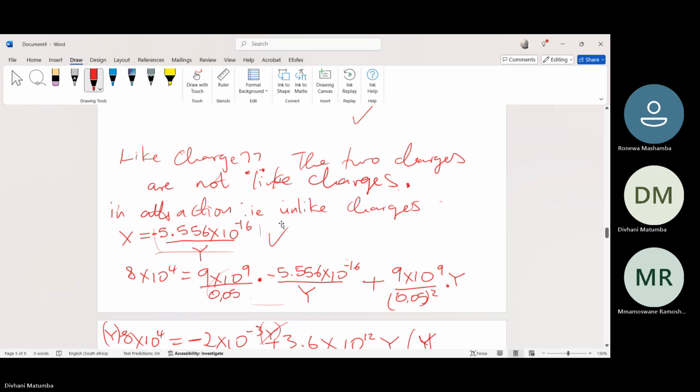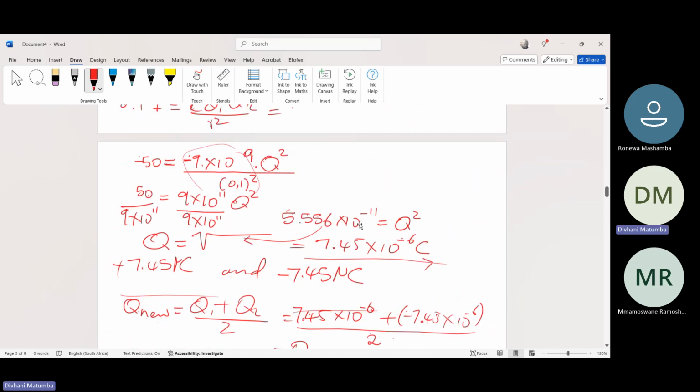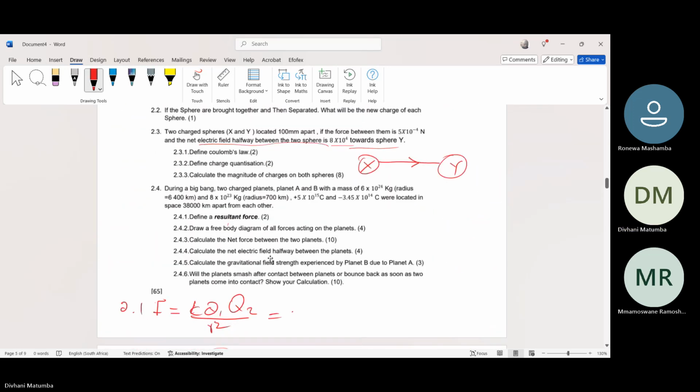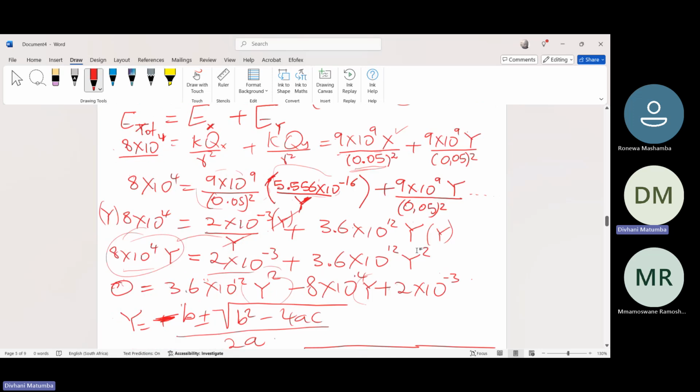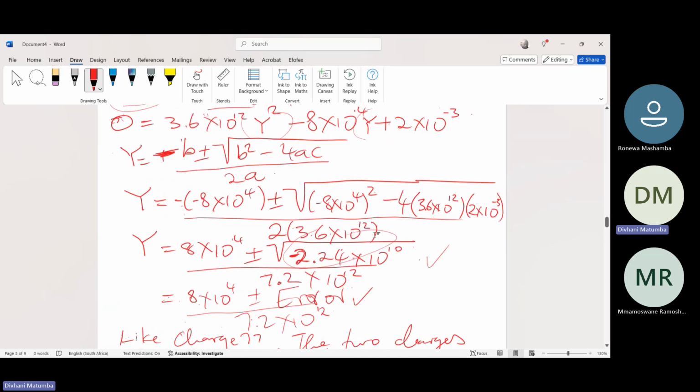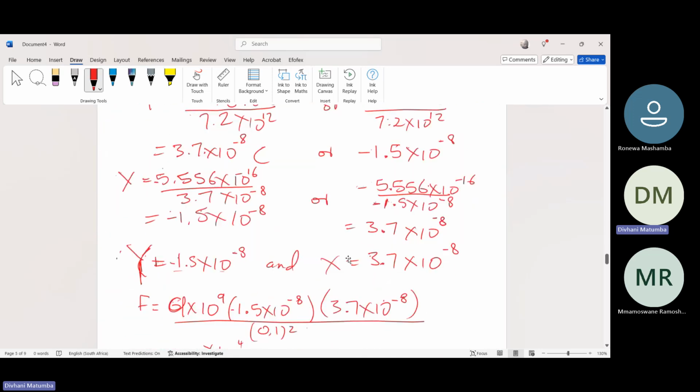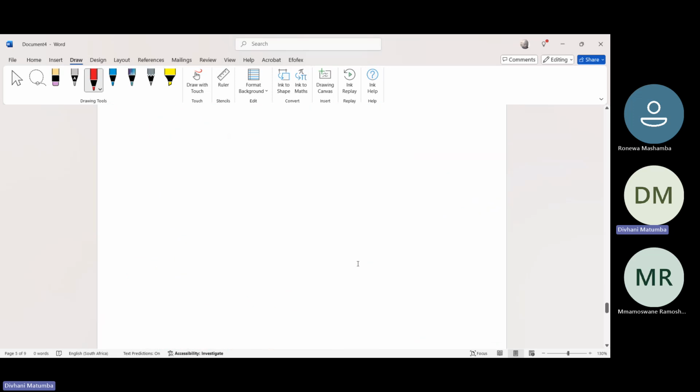The next one says, calculate the gravitational field strength experienced by planet B due to planet A. Gravitational field strength, or the value of G, or gravity G. How do we calculate the value of gravity? What is the formula, Ronel?